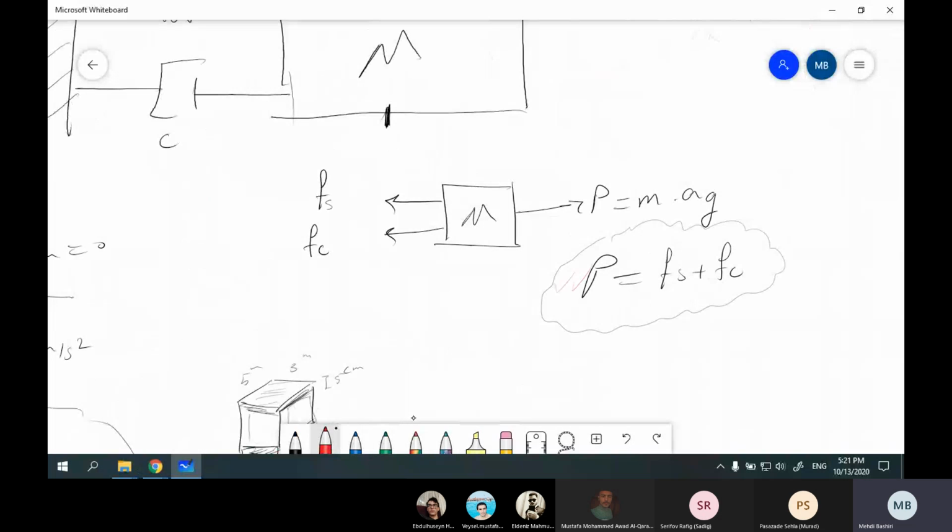I told you that many researchers found that this part, I mean damping, is not more than 5%.